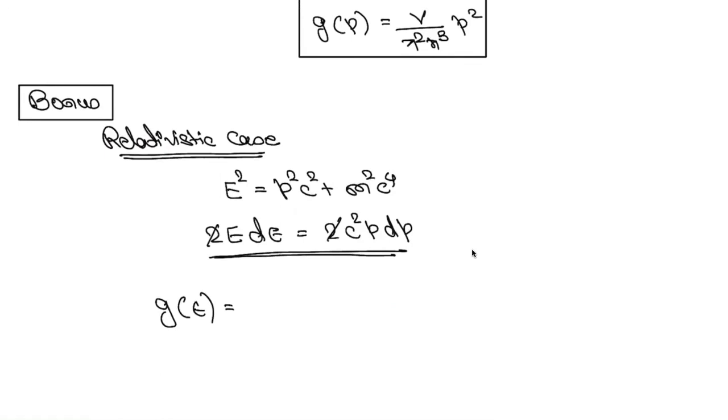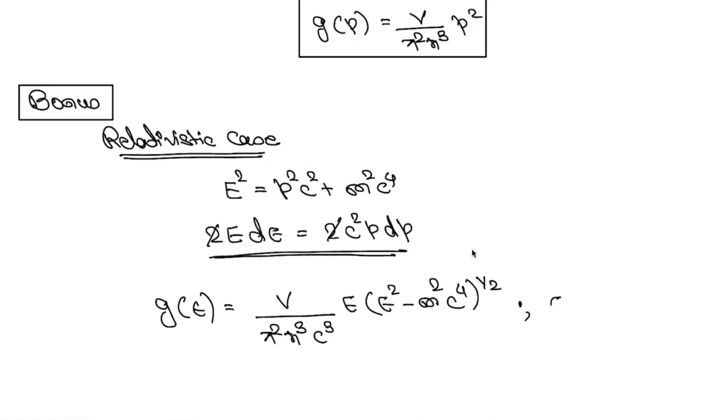So g(E) is V upon pi square h cube C cube, times E upon the square root of E square minus M square C4, when energy is greater than MC square.